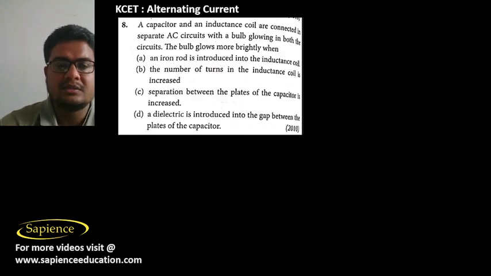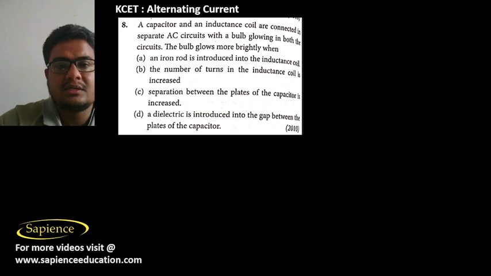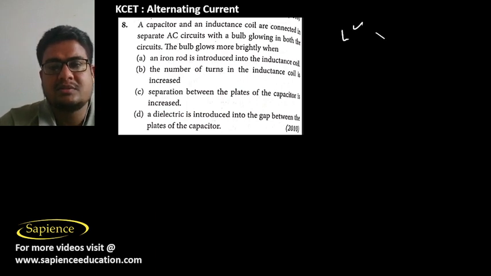Question number 8 is told a capacitor and an inductance coil are connected in separate AC circuits with a bulb glowing in both the circuits. The bulb glows more brightly when an iron rod is introduced into the inductance coil. When the iron rod is introduced, the inductance L will increase, meaning that XL will increase.